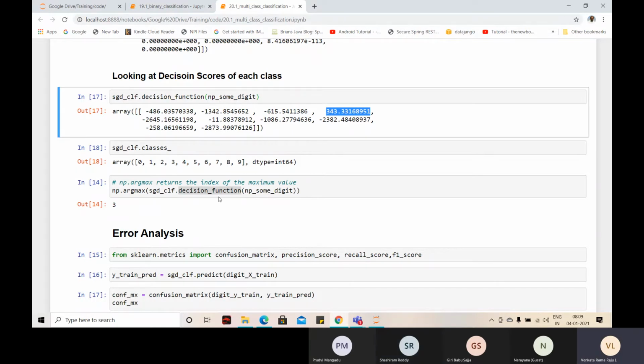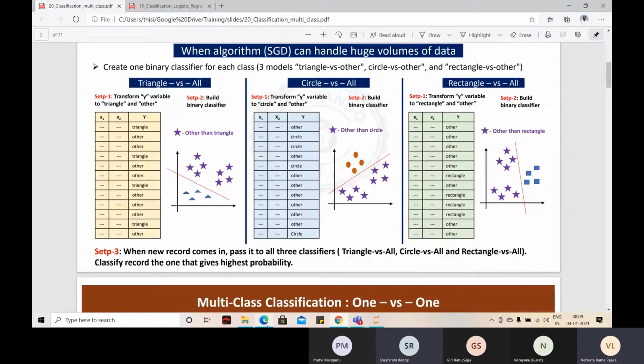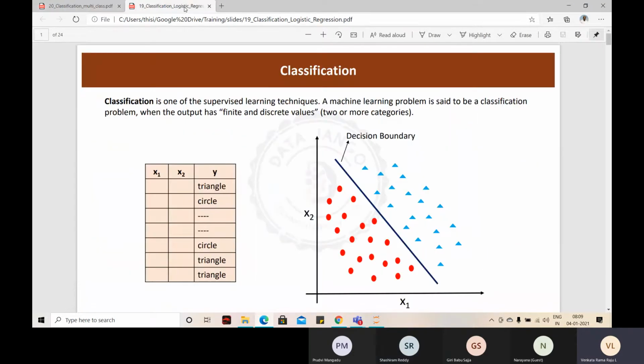If you look at the decision function for a classification, the distance on the upper side is going to be positive, lower side is going to be negative. For the record, the score for the class to which it belongs is going to be positive only.